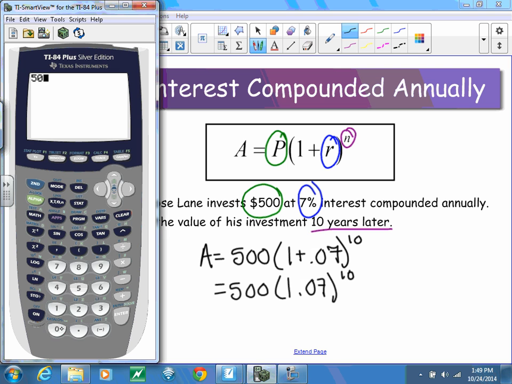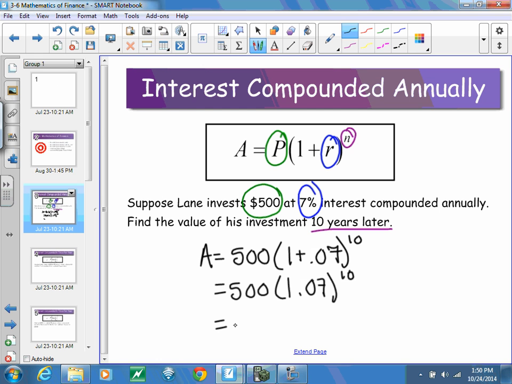So if I take 500 and multiply it by 1.07, and take that to the power of 10, that $500 has now turned into $983.58. And that's working with an annual interest rate where it's being added on once per year.